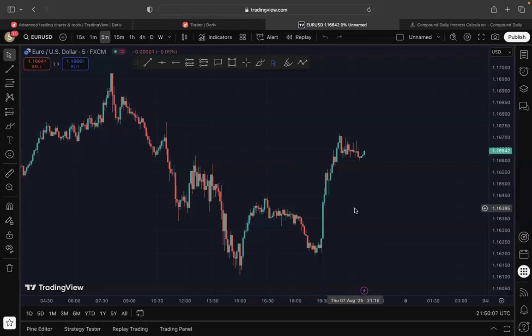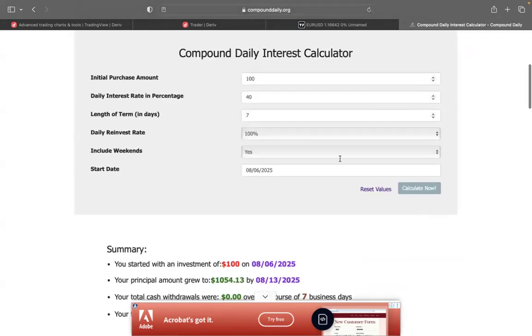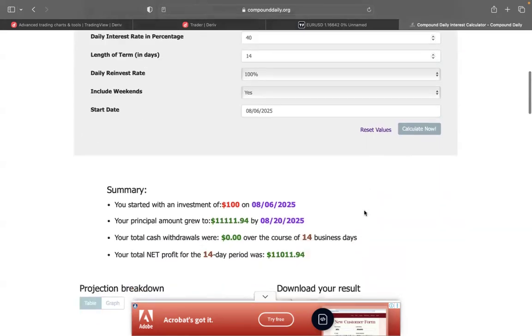But if you want to learn how to apply the knowledge from here to the derivative broker, we're even going to be doing compounding interest. We're going to start that journey very soon, where we turn $100, targeting 40% for 2 weeks, that is 14 days, into $11,000.